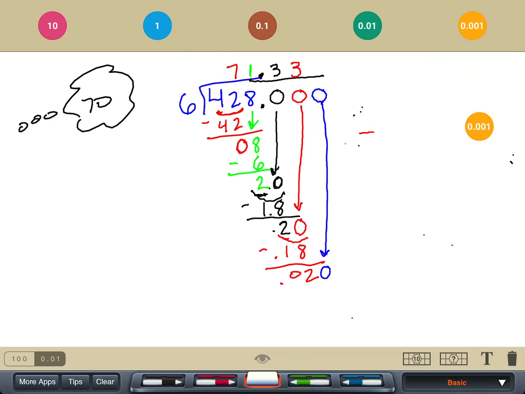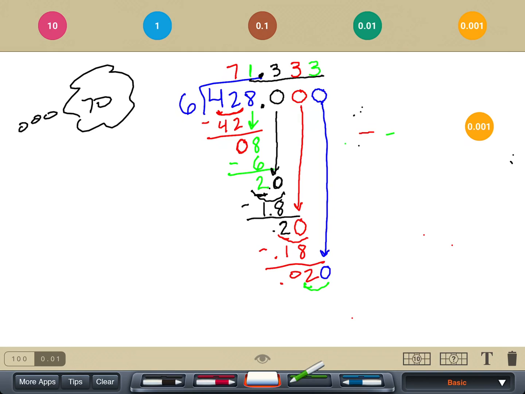Instead of calling this 2 hundredths, I'm going to call this actually 20 thousandths. I've got 20 thousandths. I know about 6 and 20. We've been doing this for a while. So 20 thousandths divided by 6, I should be able to put 3 in each group.